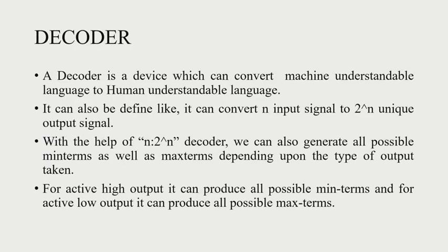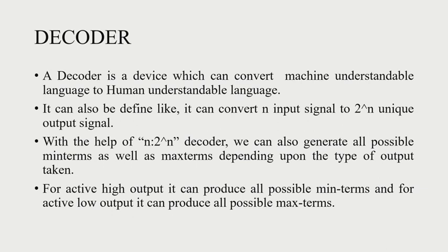A decoder circuit can convert a machine understandable language to a human understandable language. A decoder can also be defined as a circuit that converts n input signals into 2 to the power n unique output signals.